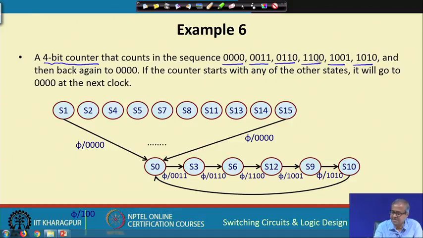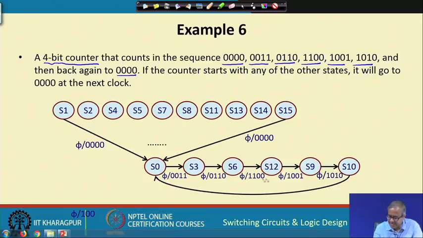So, there are 6 states and then back again to 0. I have again used the decimal equivalents of these states: S0, S3, S6, S12, S9, S10 and then back to S0. This is my regular sequence of counting.